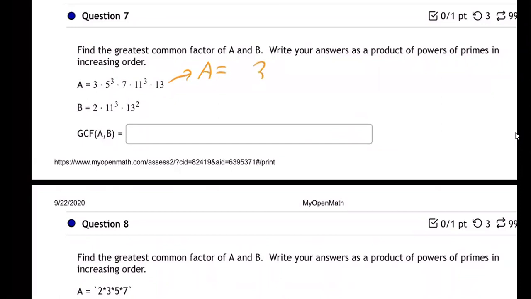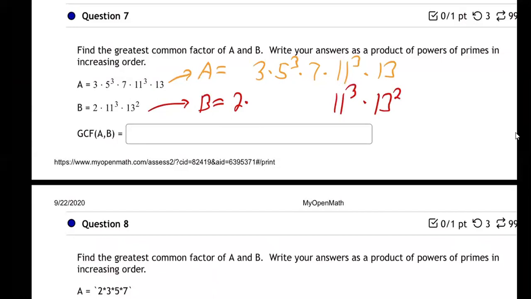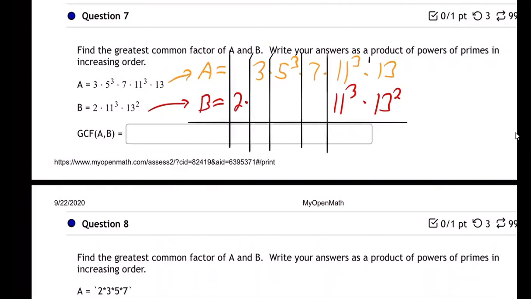A equals 3 times 5 to the third times 7 times 11 to the third times 13, and then B is 2 times 11 to the third times 13 squared. And so we're going to line these up, and then we'll do the GCF.